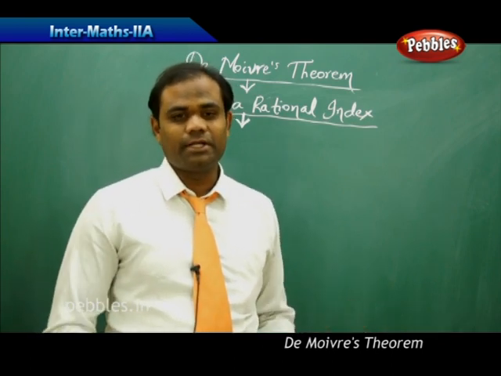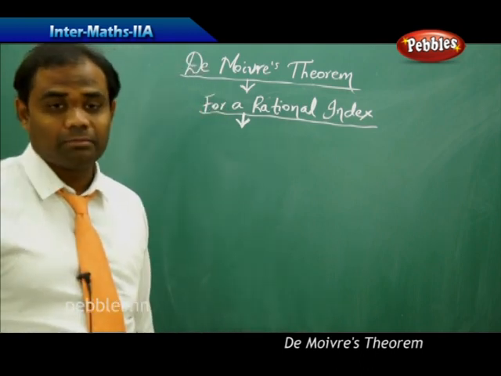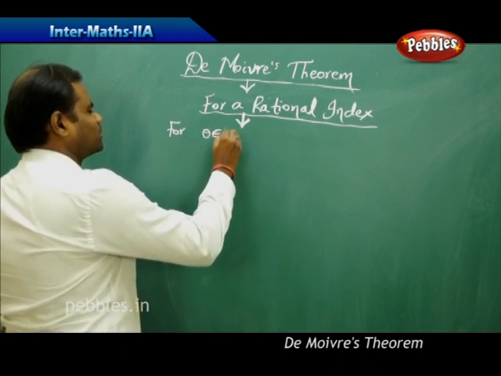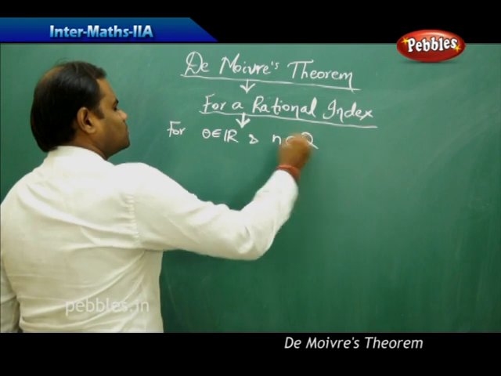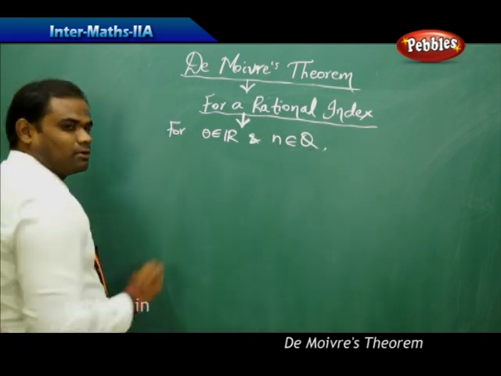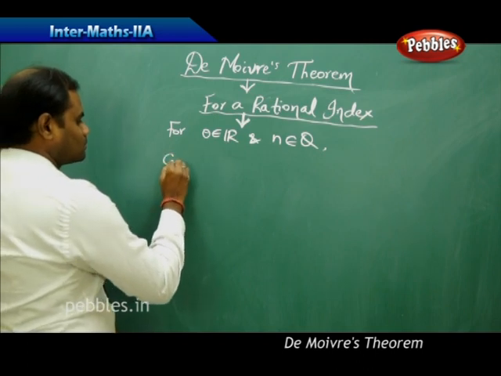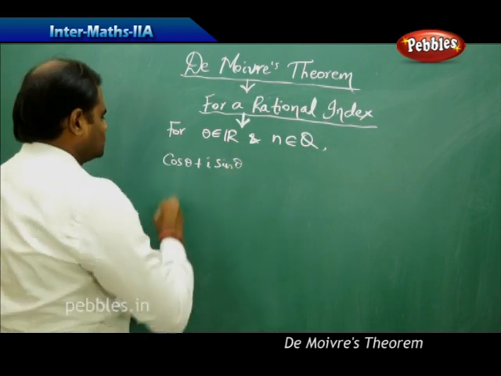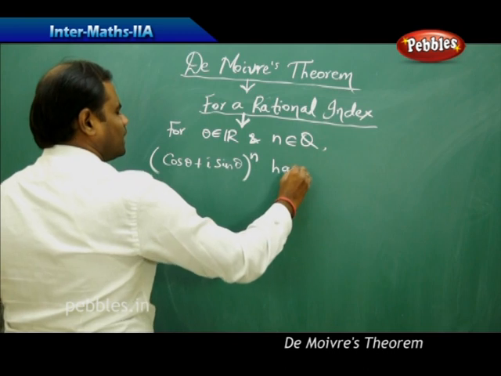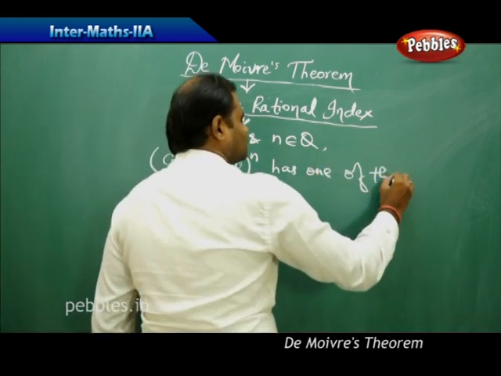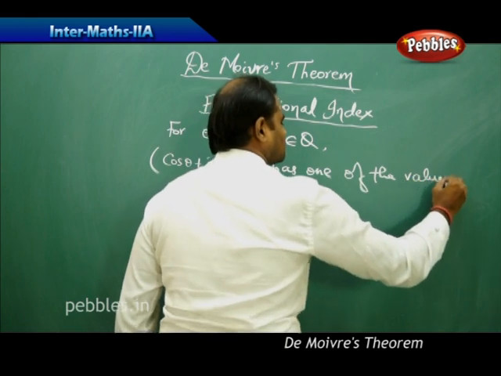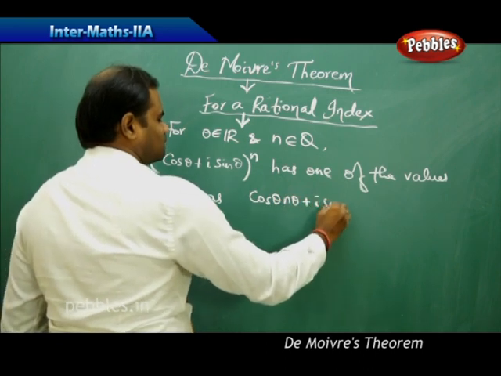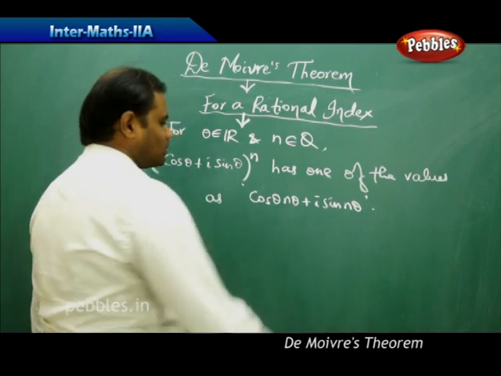So let's see how the theorem is stated for a rational index, n belonging to Q. For theta belonging to real numbers and n belonging to rational numbers, De Moivre's theorem says that (cos theta plus i sin theta) whole power n has one of its values as cos n theta plus i sin n theta, but not exactly equal.